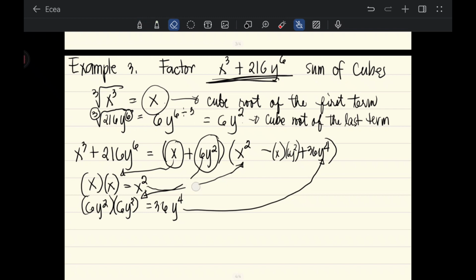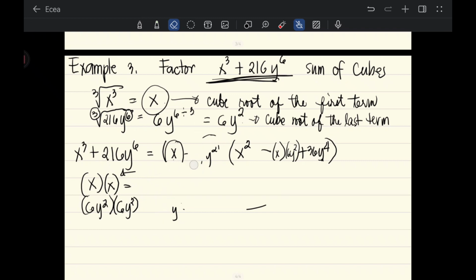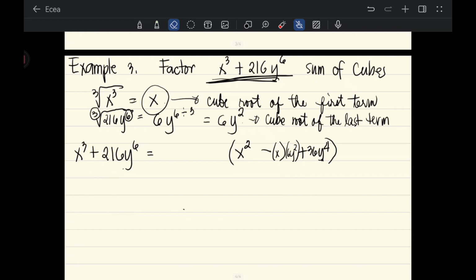Okay. Before we continue, limpyuhan sa. Para maklaro lang siya. So, this is x plus 6y squared. Okay. Let's continue.